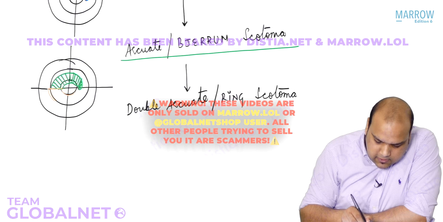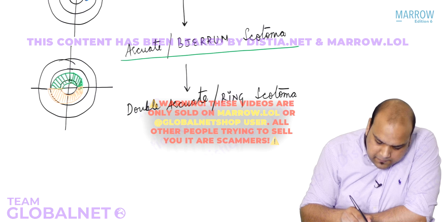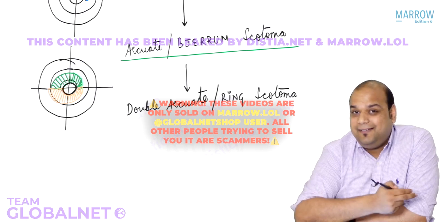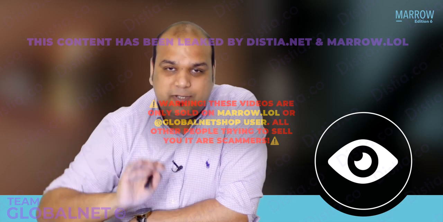Inferior arcuate fibers also getting affected. So now if we carefully see, everybody, the central vision is being still left out, papillomacular bundle, but the superior and inferior arcuate fibers both are going, so it's becoming a ring scotoma.